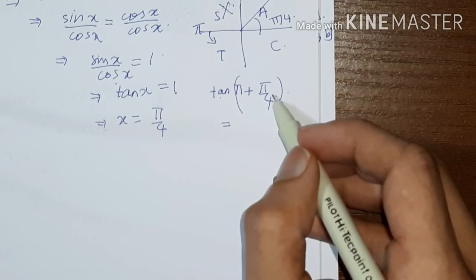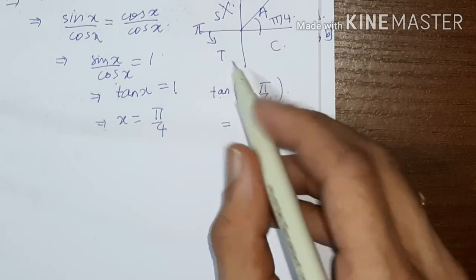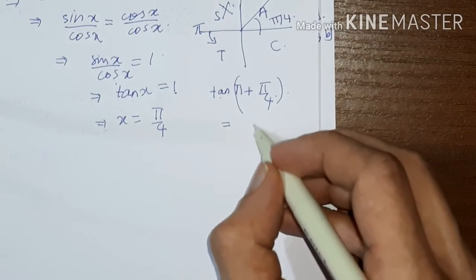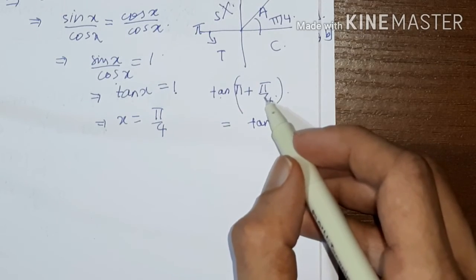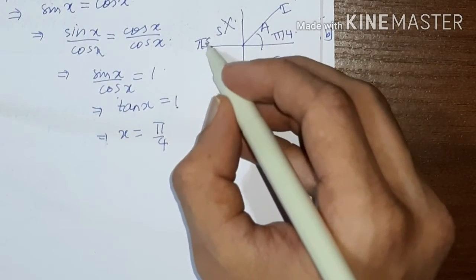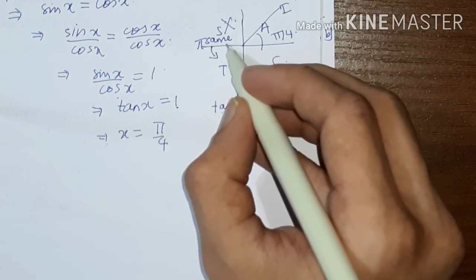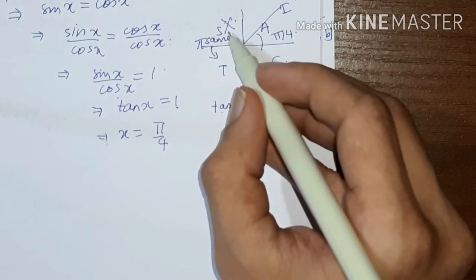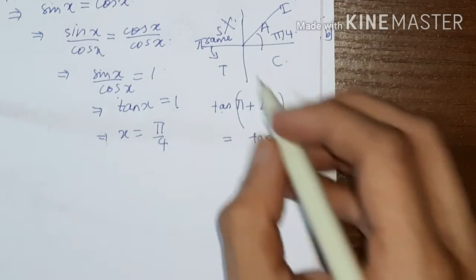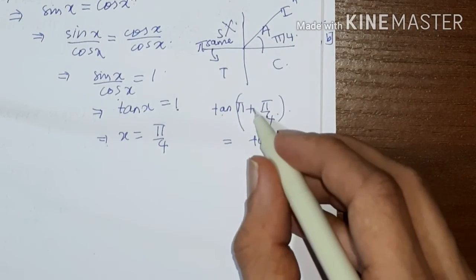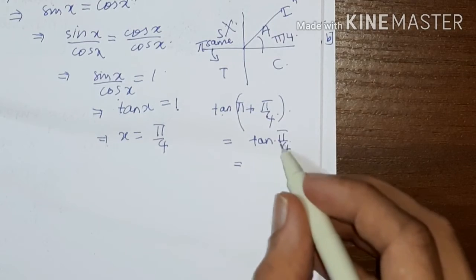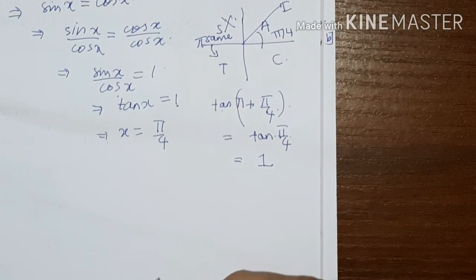Tan of pi plus pi by 4. Tan is positive in the third quadrant, so you'll get a positive tan, and the ratio will remain the same. When you go from pi to any quadrant, the ratio remains the same, so it is tan of pi by 4, which is 1.